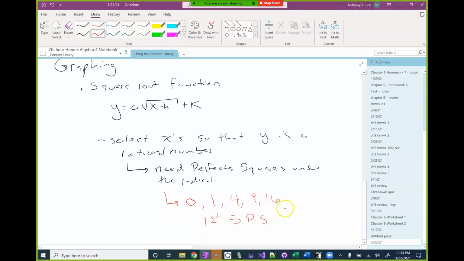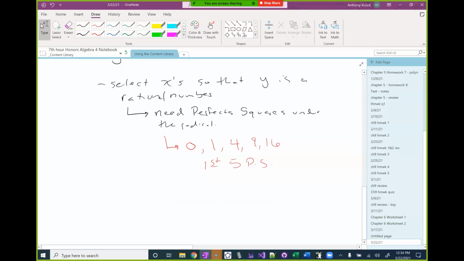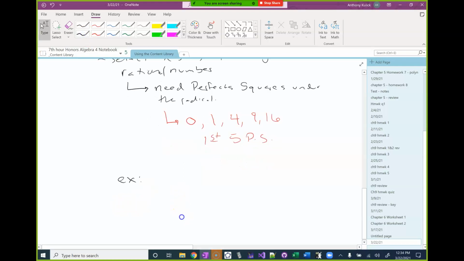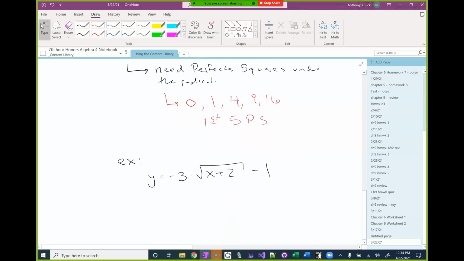So let's take a look at an example. Let's say we're going to graph -3 times the square root of x plus 2, minus 3. Let's pick a different number. We'll pick 1. All right. So we'll make ourselves a little XY table.